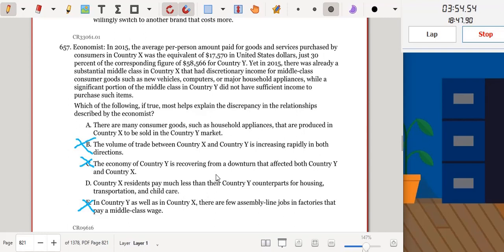So whatever they are earning, they are saving something for these things.